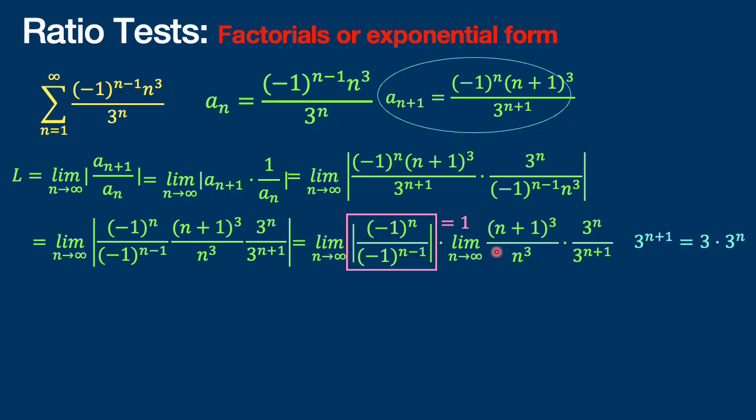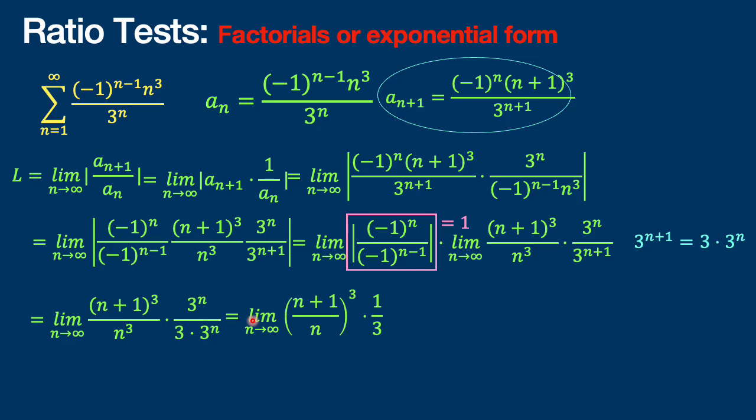Now, what do you want to find? The limit. So first, we're going to simplify here. 3^(n+1) is 3 times 3^n. So we have (n+1)^3 over n^3 times 3^n over 3 times 3^n. Cancel out 3^n. Now put together, because the power is 3, then you take out 1 over 3.